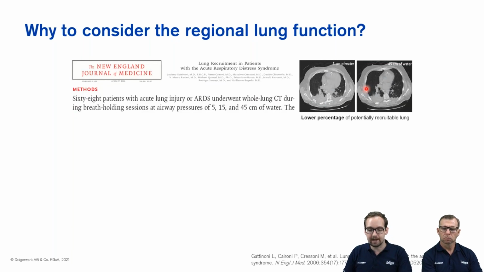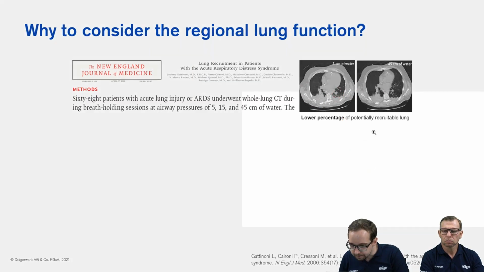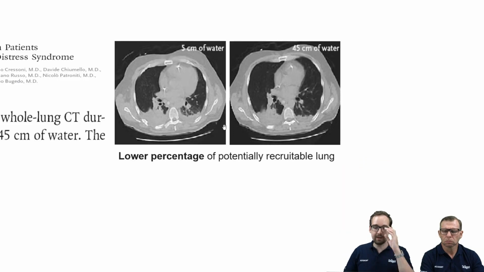So when we look at lung recruitment in ARDS patients, this is really a landmark study from Gattinoni from the year 2006, who looked at the different response of ARDS patients to lung recruitment. And I'm going to zoom in a little bit. You can see in this picture up here a CT scan at an airway pressure of 5 centimeters of water versus a scan at 45 centimeters of water.